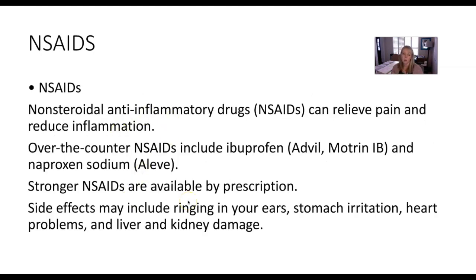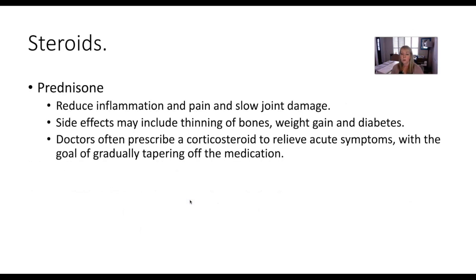NSAIDs, over the counter, your Advil, Motrin, Aleve, or your stronger NSAIDs like Celebrex, a COX-2 inhibitor, indomethacin, although that's not really recommended now. Just remember your side effects whenever you're prescribing. Your steroids, same thing. It can slow joint damage, but remember with steroids you can have a whole slew of other issues. These are for when you have flare-ups.